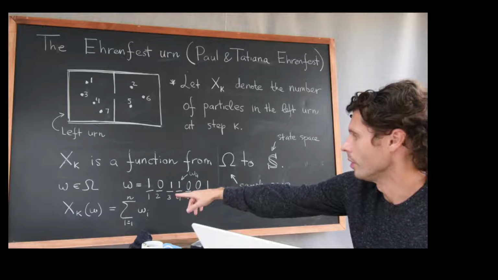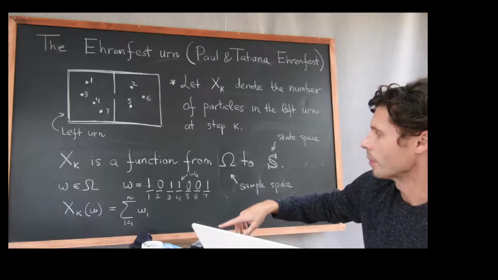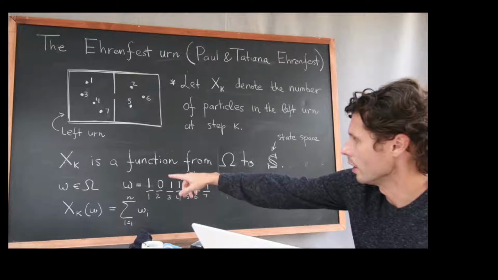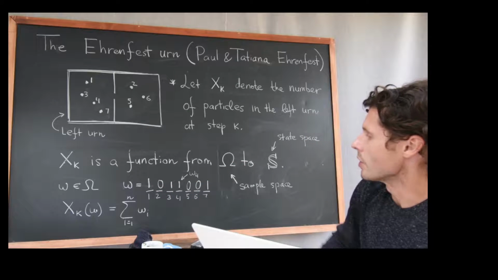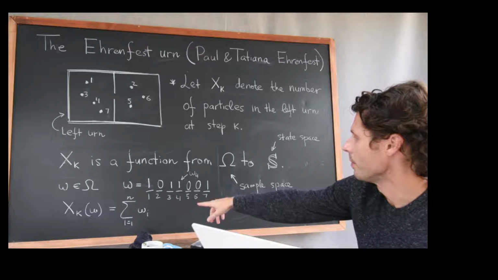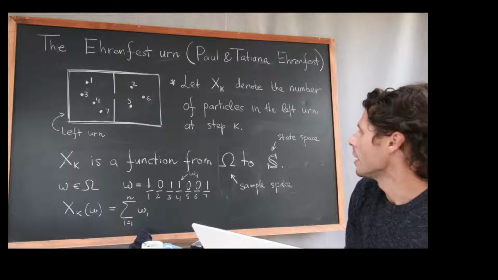Xk of omega is the sum over the omega i's. Omega is an element of the sample space. This is big Omega, that's little omega. And so Xk as a function of omega is just the sum of the components. Here we'll get 4, and if I move one of those we'll get 3, and so forth.